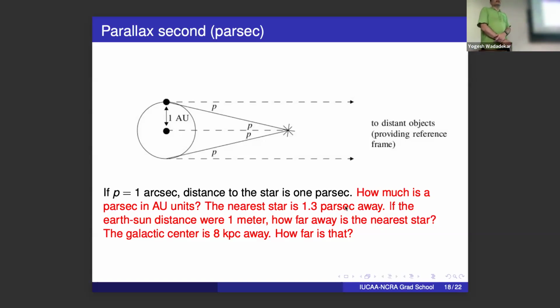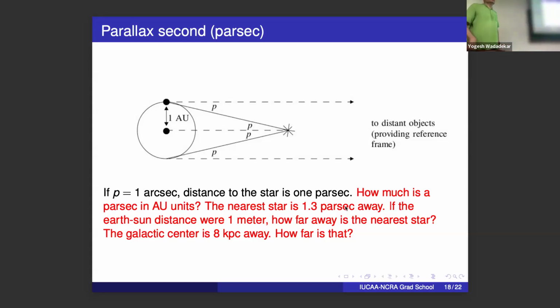So can someone do the calculation? 1 parsec is 200 kilometers. So how much is 8 kiloparsec or 8,000 parsec? 16 lakhs, correct. So it's 1.6 million kilometers.